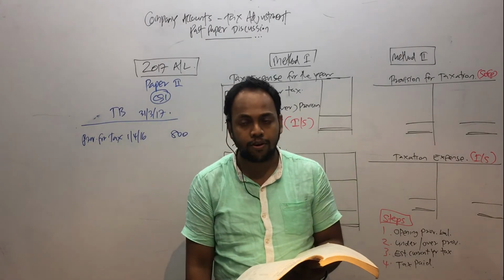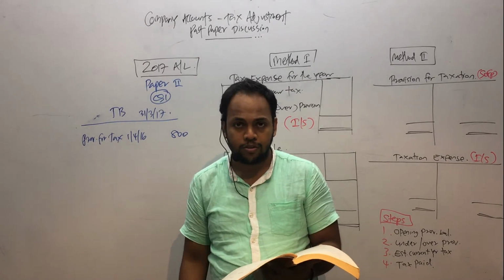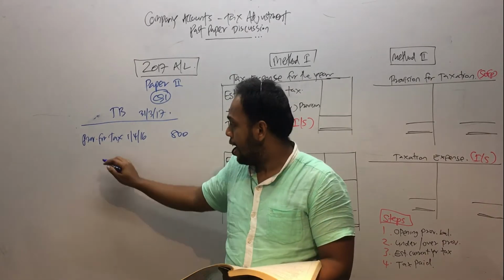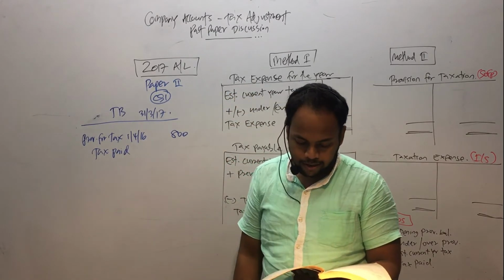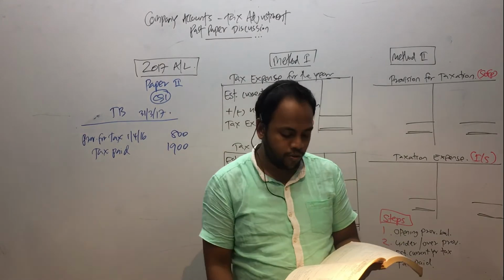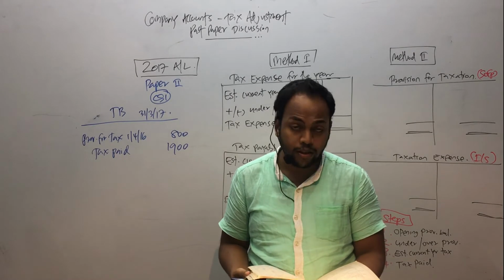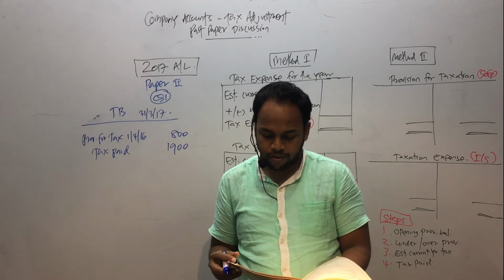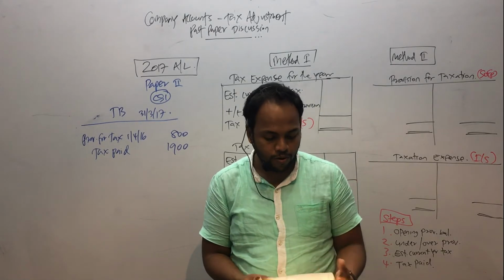So this is the previous year tax provision, this year's opening balance. And there is also a tax payment given, 1900. Tax paid is 1900. Those are the two pieces of information given in the trial balance in relation to tax.